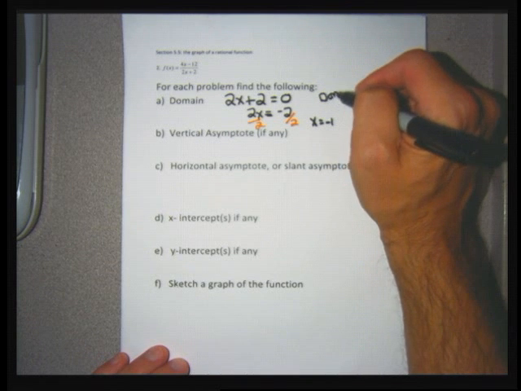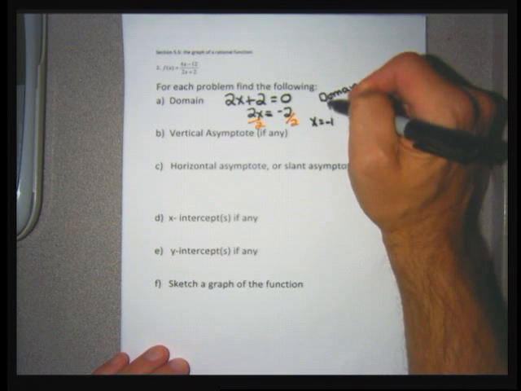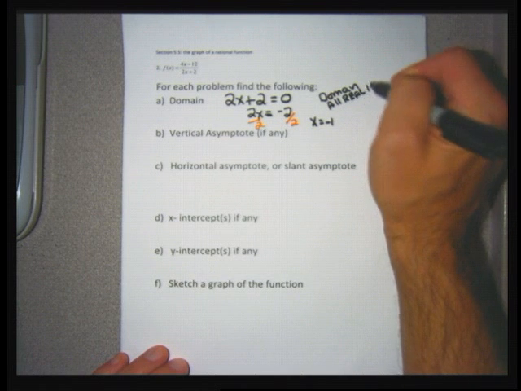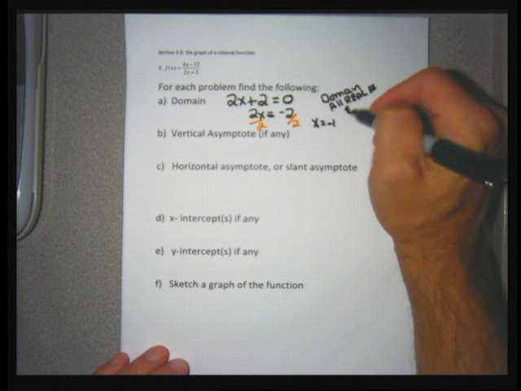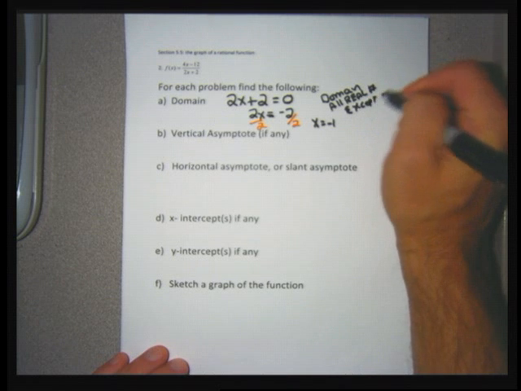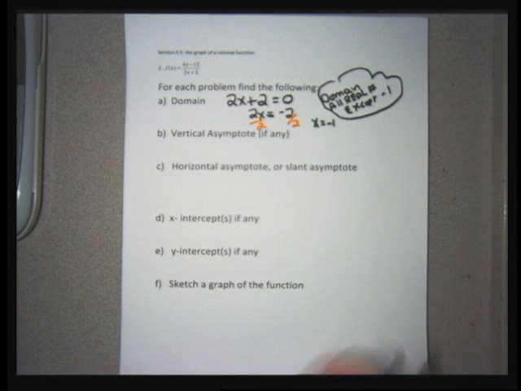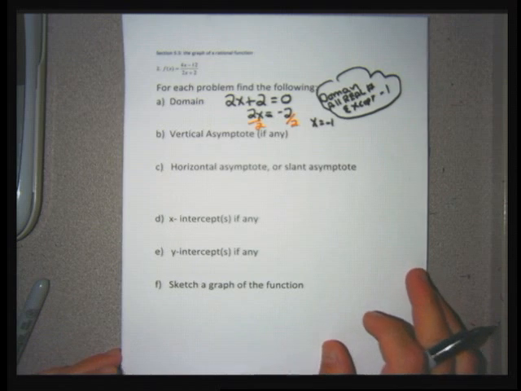I'll go, the domain is all real numbers, and then except the negative 1. If you just wrote x equal negative 1, you're not excluding the negative 1. You're saying the domain is only negative 1, which is exactly opposite because it's everything but negative 1.